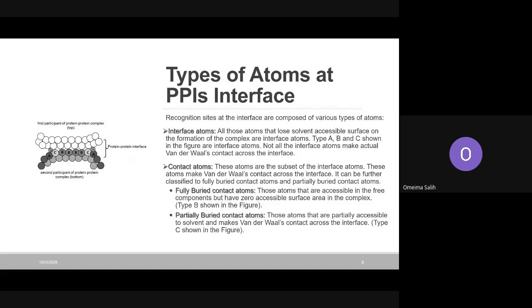So they tend to be at the rim or the periphery of the interface. This type is usually a weak bond type. They are exposed to the solvent, and they sometimes lose their bonding with the other polypeptide chain. But at the end, we call them part of the interface, but they are not fully buried, they are partially buried.